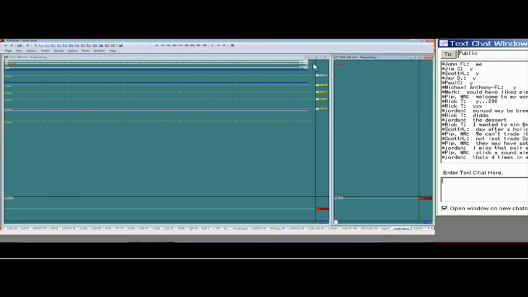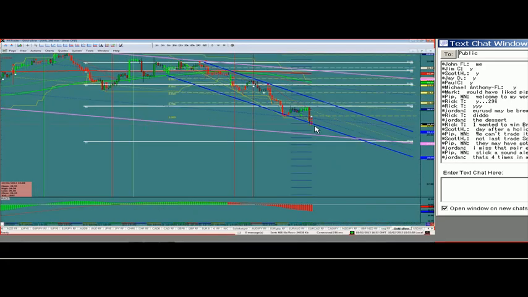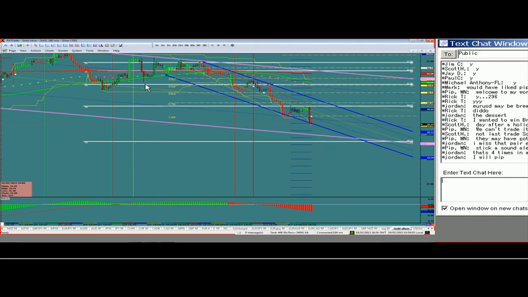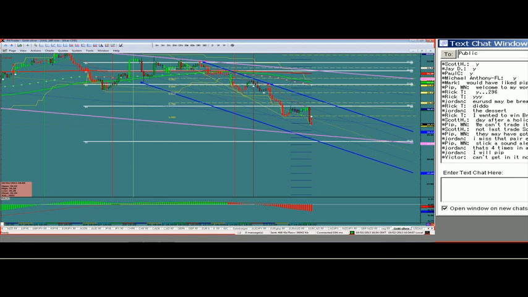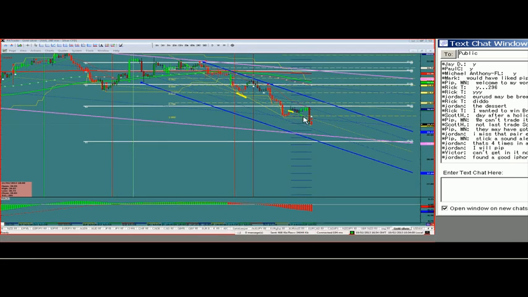So XAG for Victor continues to move to the downside. Be careful of making this trade at this point, Victor. But there's a very real possibility that the trend is not this shallow. It's actually out here. Let's take a look. Yeah, I like that better. See how the heart line gets proven right in here. So we're looking to come down here. This is the day chart trend line out here.